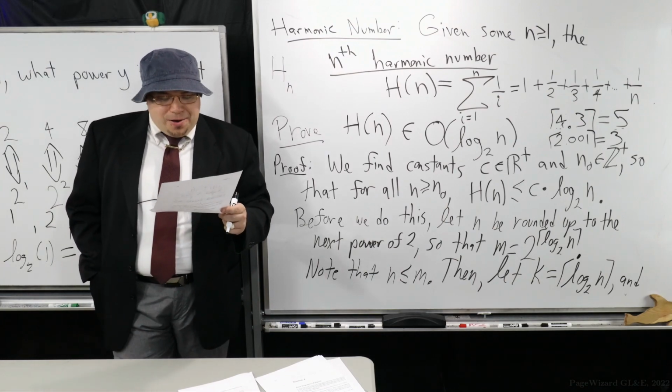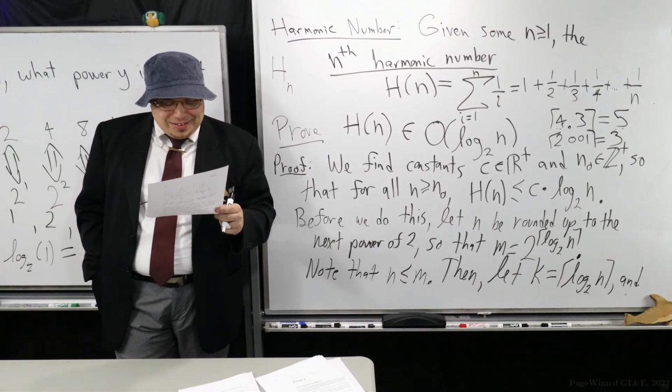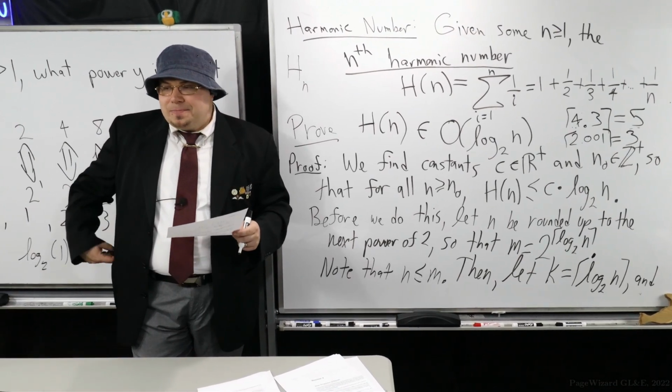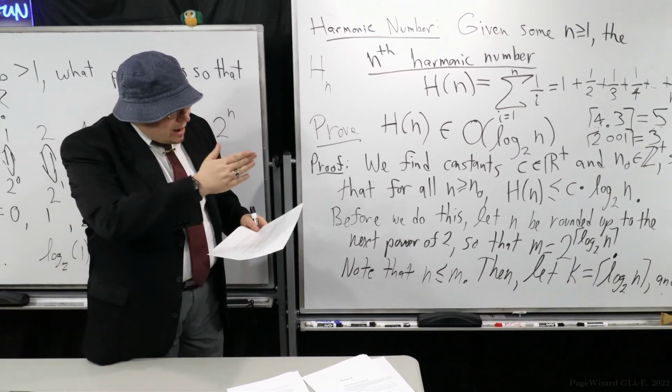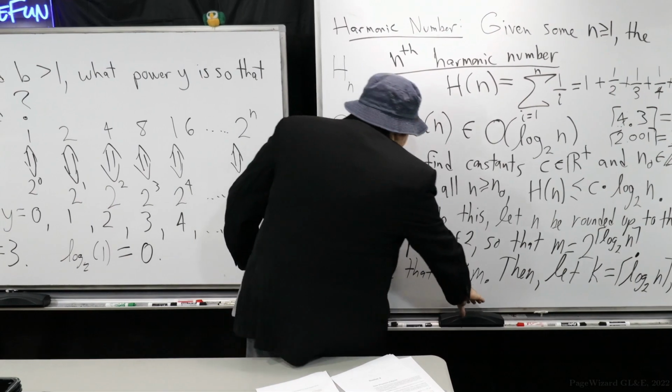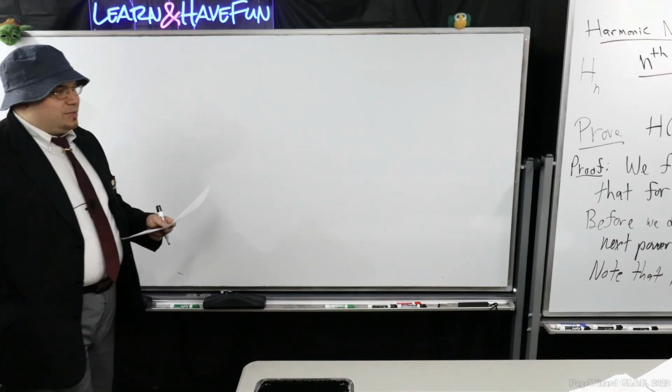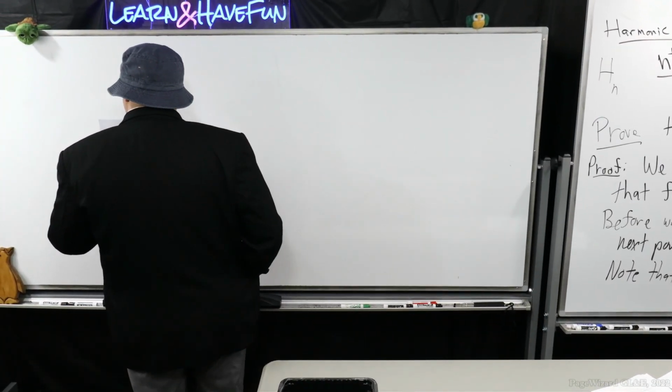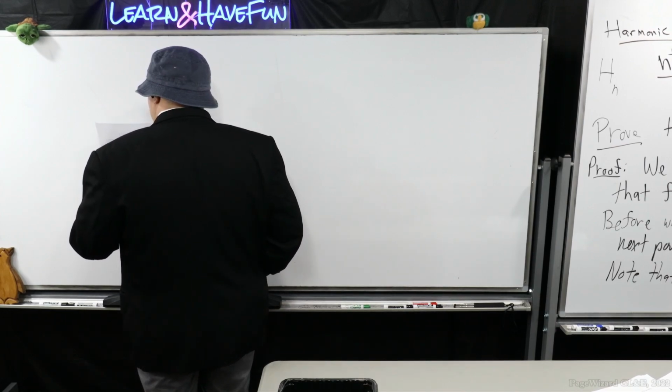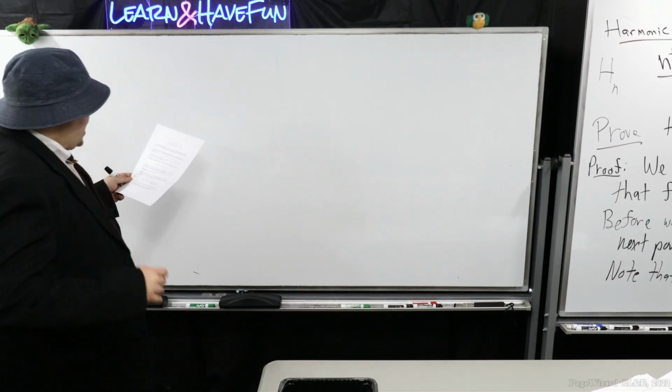So now we get to the good stuff. And as follows. So let's watch what we got here. So now remember, I'm just going to write out what the definition of h of n is.